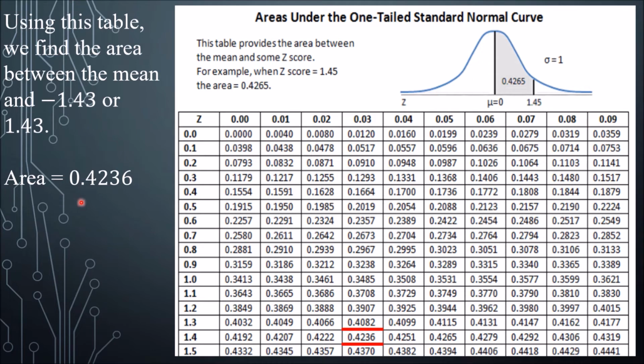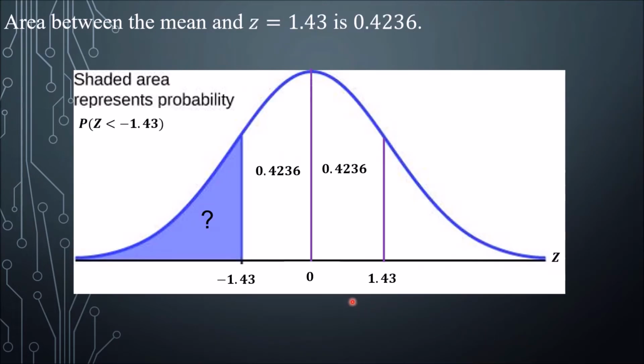So 1.4 plus 0.03 is 1.43. The intersection is 0.4236. So the area from the mean 0 to 1.43 is 0.4236. And because the graph is symmetric, the area from the mean to negative 1.43 is the same, 0.4236.